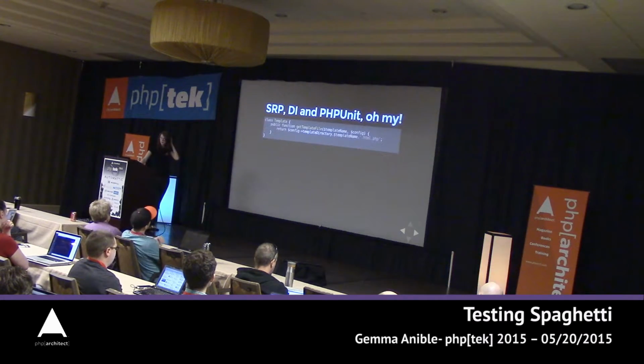So when your code is only doing one thing, and all the dependencies that your code has are injected into your code, that means you can inject fake dependencies, and you only have to test the one thing.